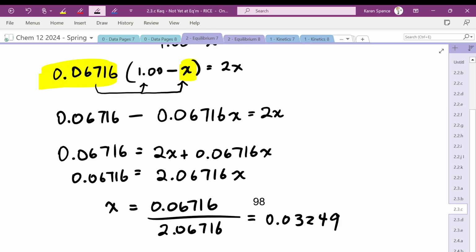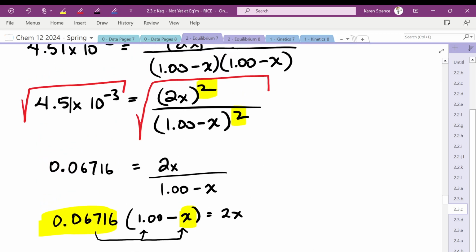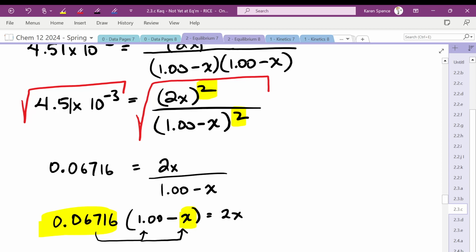Okay, so here's the deal. In terms of keeping sig figs as you go along, I actually probably should have kept one more because I have 3 sig figs here. In order to be 100% sure I will not get a rounding error, I should keep 2 more digits than the number of sig figs I need.